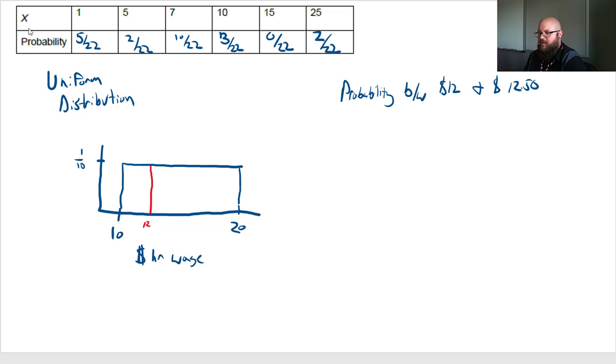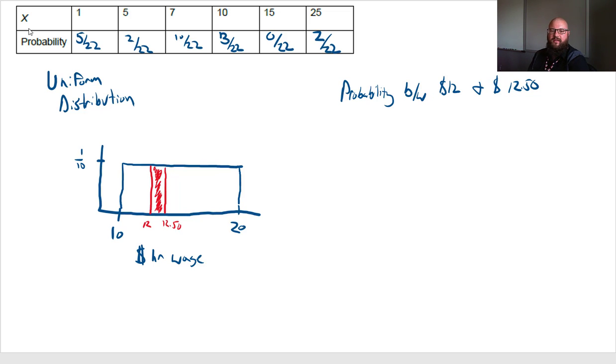And then we'd have $12.50. I'll make it a little bit bigger than it probably needs to be, just to make it easier to see. So the probability for that is everything in between these two lines.